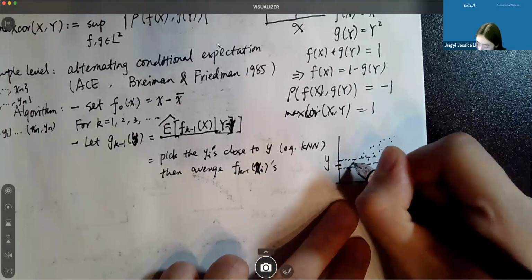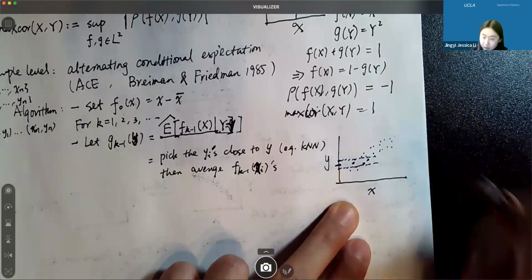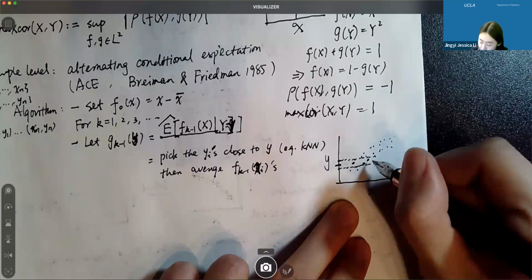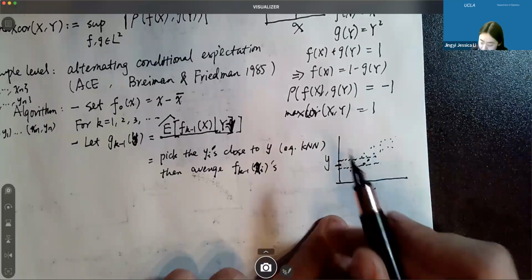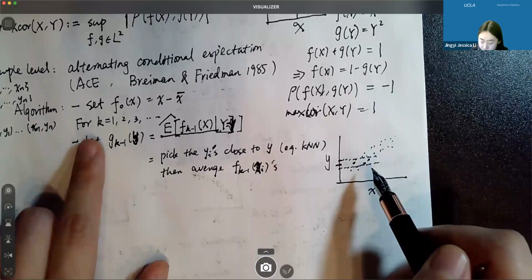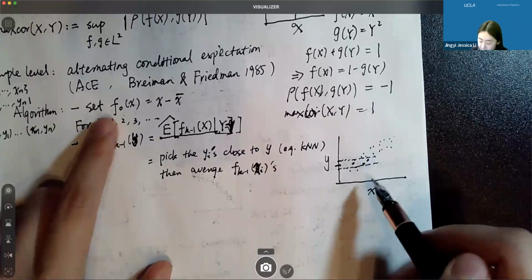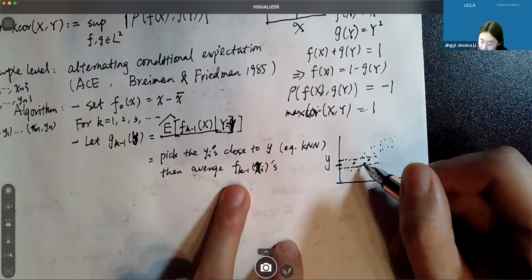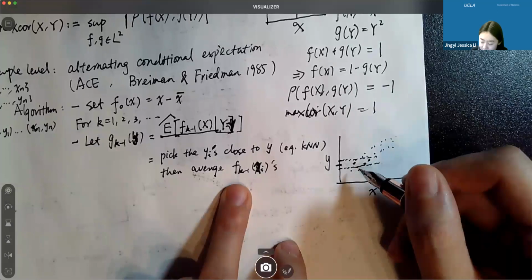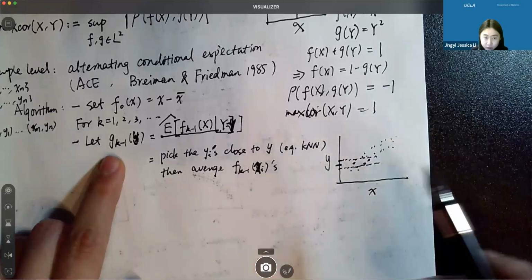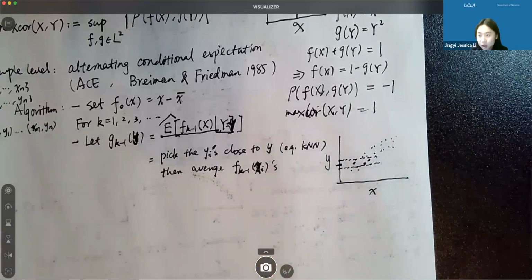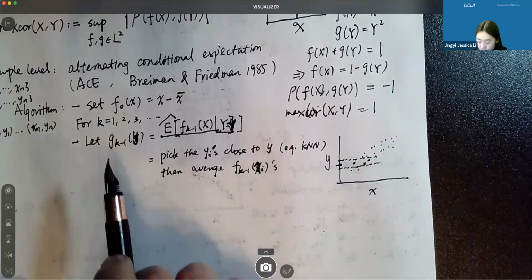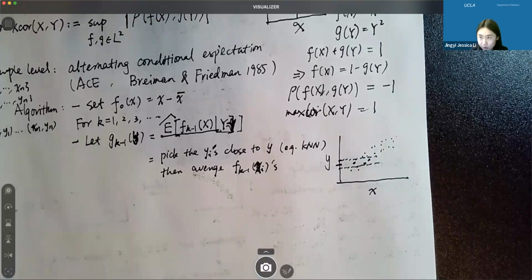Let's say you have three points in the neighborhood, you find their corresponding x values, you apply the transformation from the previous step, and then you take the average. So that's how you define this g function. You can see this is what we call a non-parametric approach because we are just working on the data points. We don't assume the function g has any specific form.